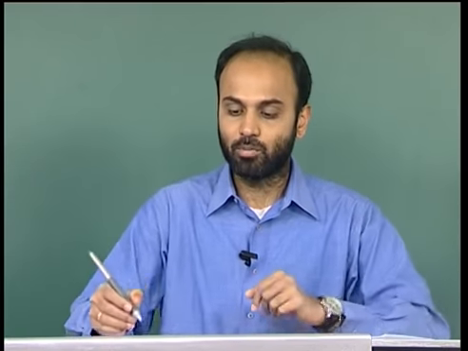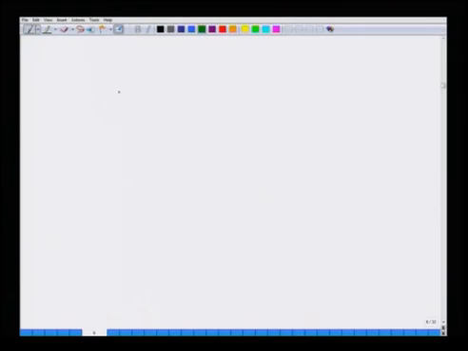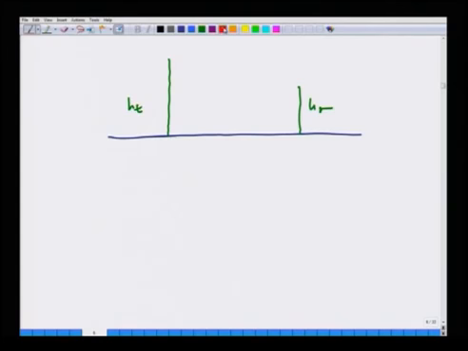Let me start first by computing the easier one, that is dLOS, and for that let me go back to the diagram. We have height of transmitter is HT, height of receiver is HR. Hence, if I draw this line of sight component dLOS, let us look at this triangle.